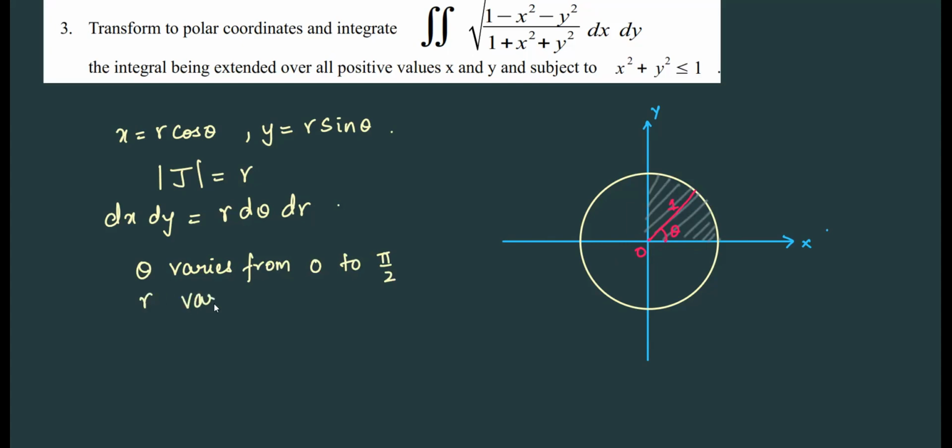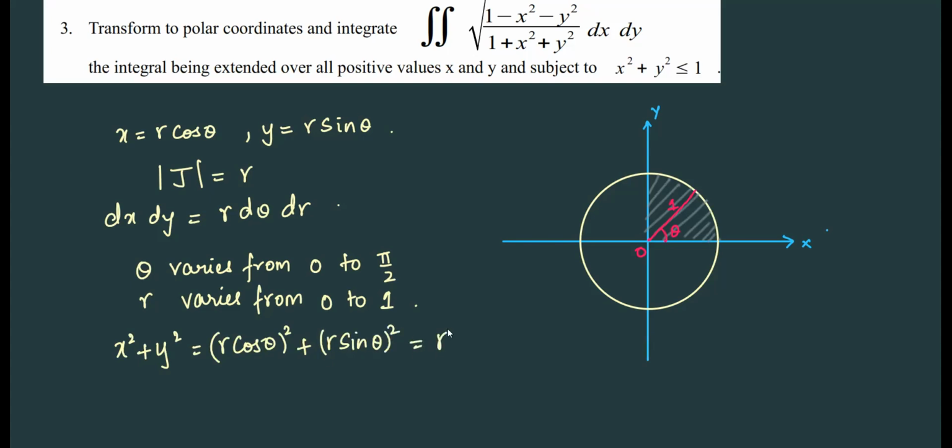R varies from 0 to 1. Now, what is x square plus y square? It is r cos theta the whole square plus r sin theta the whole square, which is r square.